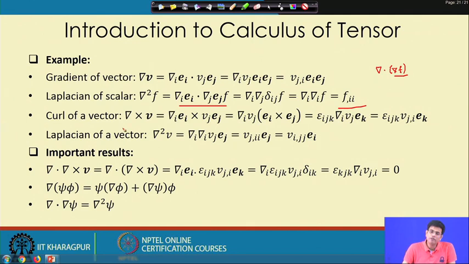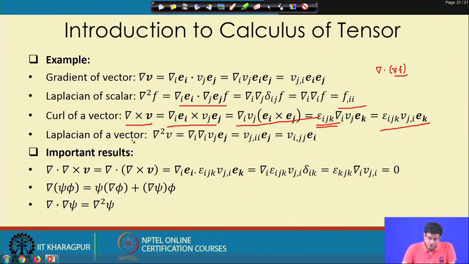Now, curl of a vector field. All these things you know, because curl is a cross product. If I write it in component form, it will look like this. We have used here the Christoffel symbols. So, this becomes this. So, curl of a vector field is a vector.